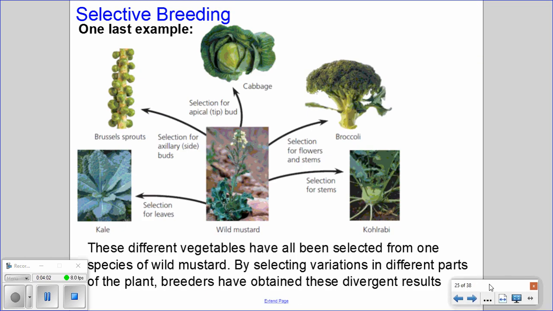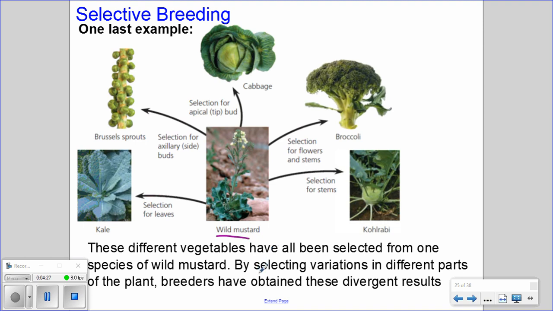One last example of selective breeding is the variety of vegetables that we have, which include broccoli, cabbage, Brussels sprouts, and kale, all derived from the same ancestral species. These different vegetables were all selected from one species of wild mustard, so they all derive from the same plant.